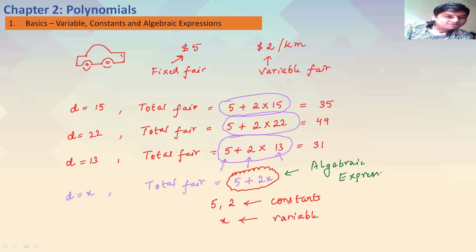Algebraic expression means that you have a combination of constants and variables. Are you getting the picture? Now, what does that plus mean? I'll rub it.